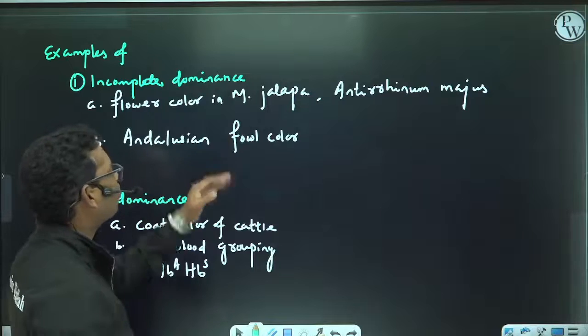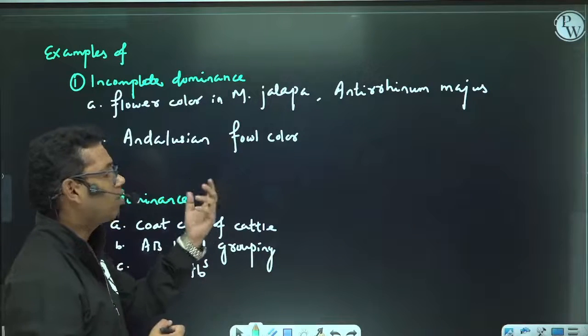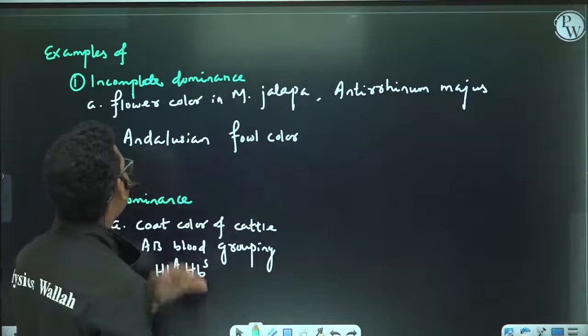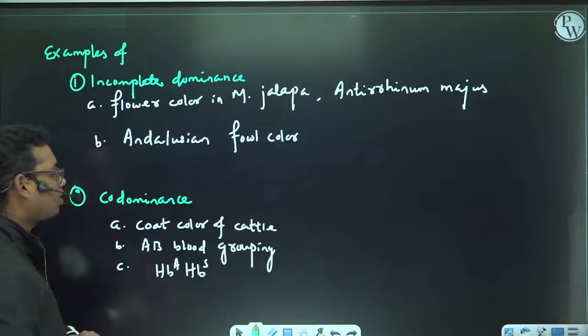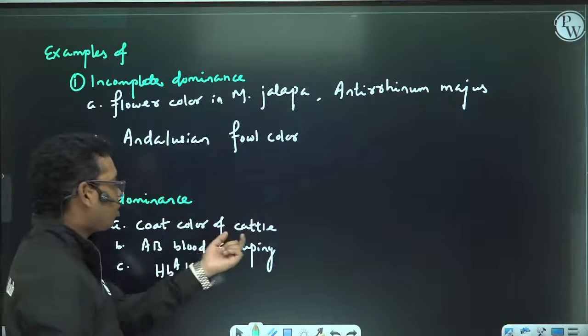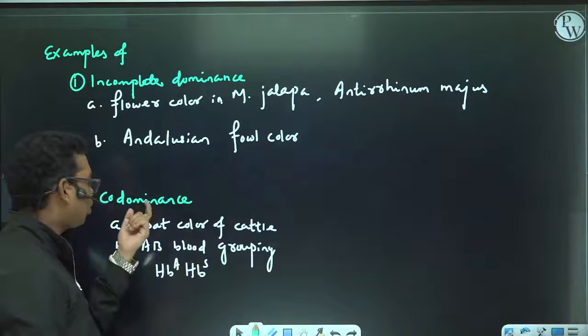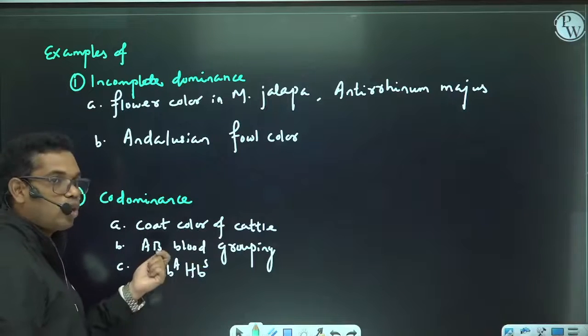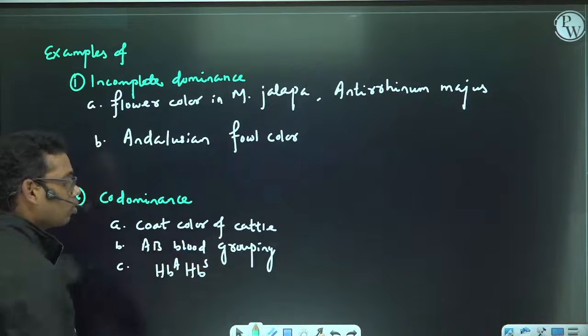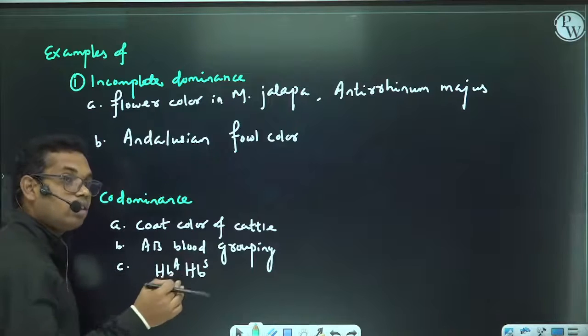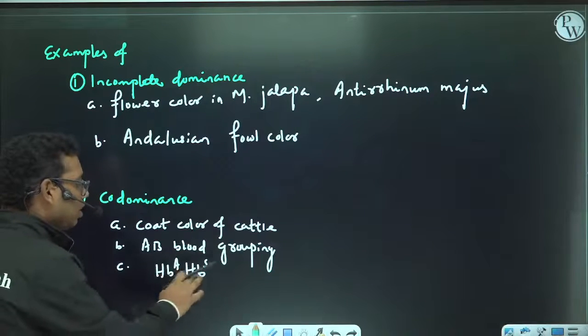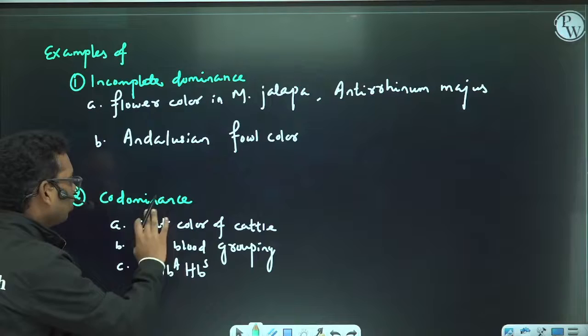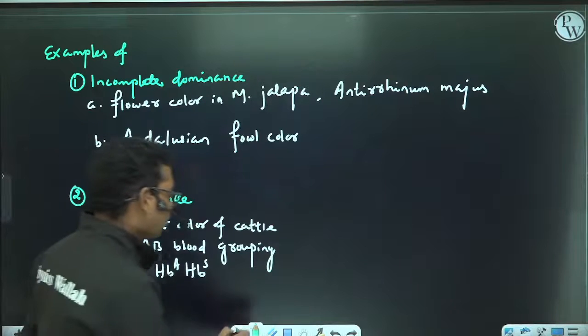And in Andalusian fowl, color is also an example of what? Incomplete dominance. What about the example of codominance? In case of cattle, the coat color is an example of codominance. In case of ABO blood grouping, AB shows codominance, and in case of hemoglobin, HbA and HbS, they are the example of what? Codominance.